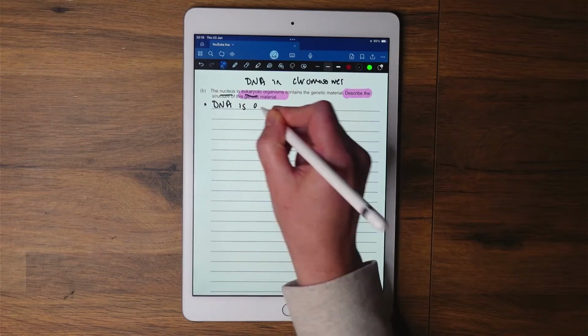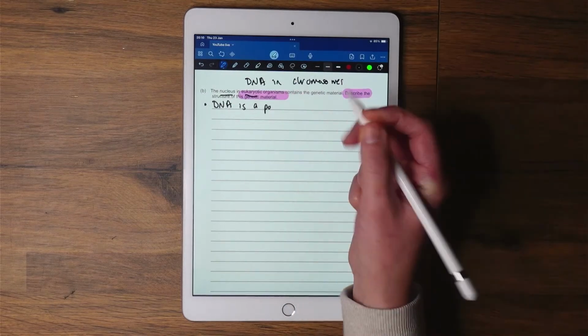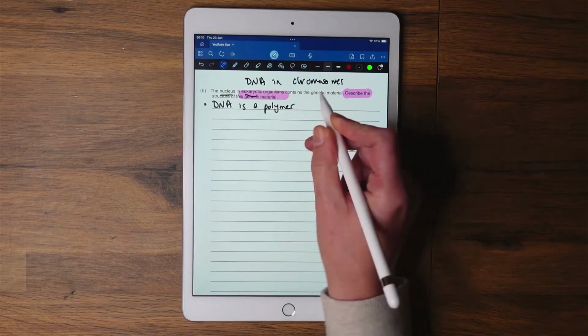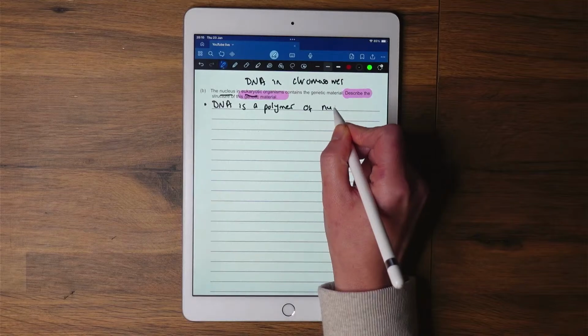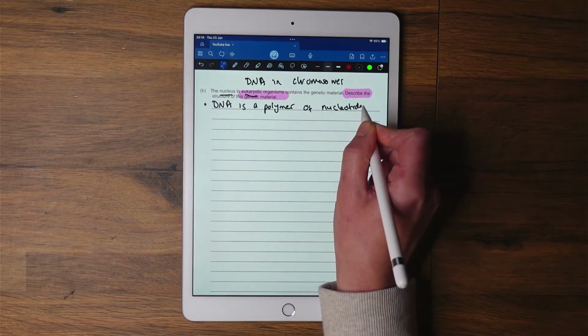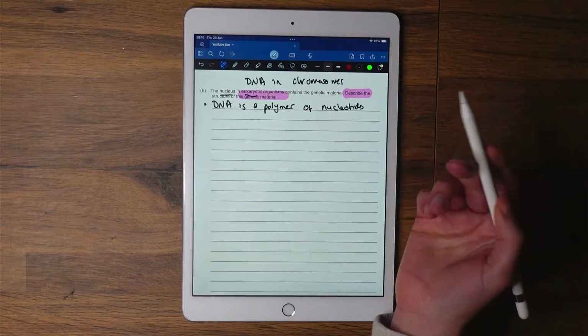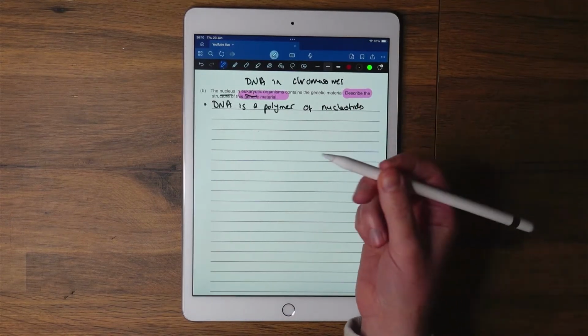DNA is a, so they said describe the structure, so that's why I'm describing the structure of DNA. DNA is a polymer of nucleotides. Now, I don't need to talk about how those join together because it just wants the structure.